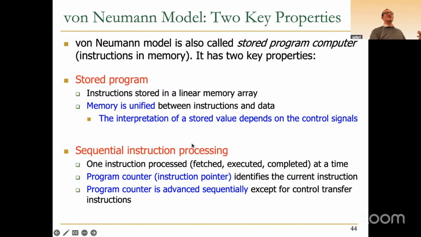Let's talk about sequential instruction processing. This is easier to understand. You basically have one instruction processed, fetched, executed, completed at a given time. The program counter, or instruction pointer, identifies the current instruction, or when it's incremented, the next instruction. And this program counter is advanced sequentially by being incremented, except for control transfer instructions, which are branches or jumps, as we will see.